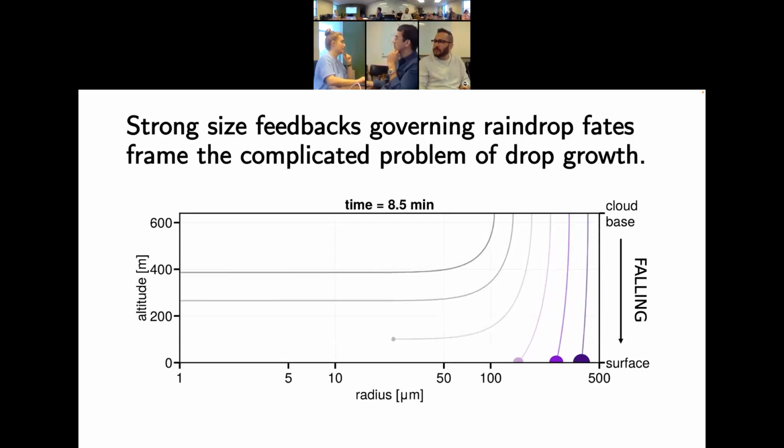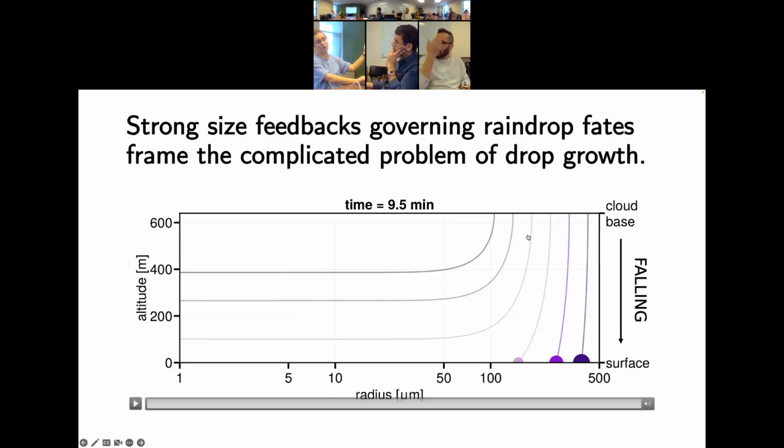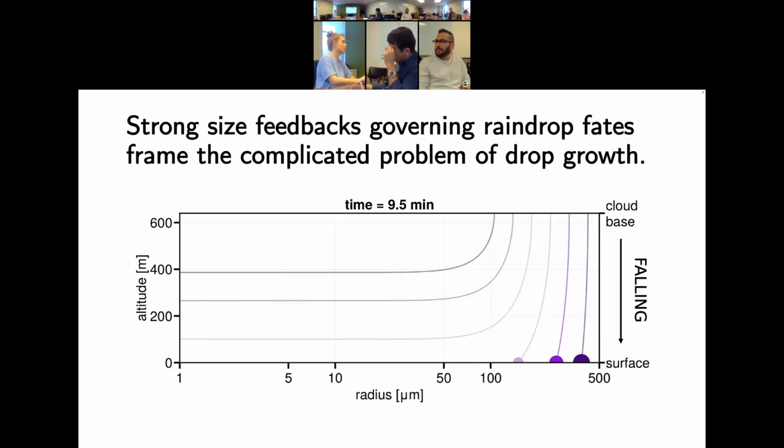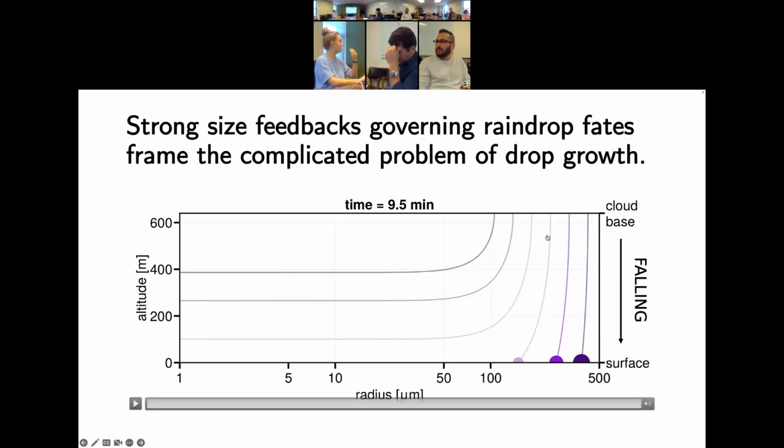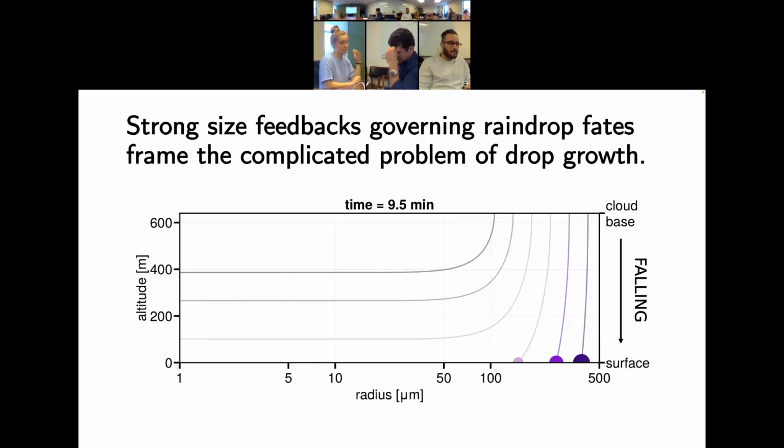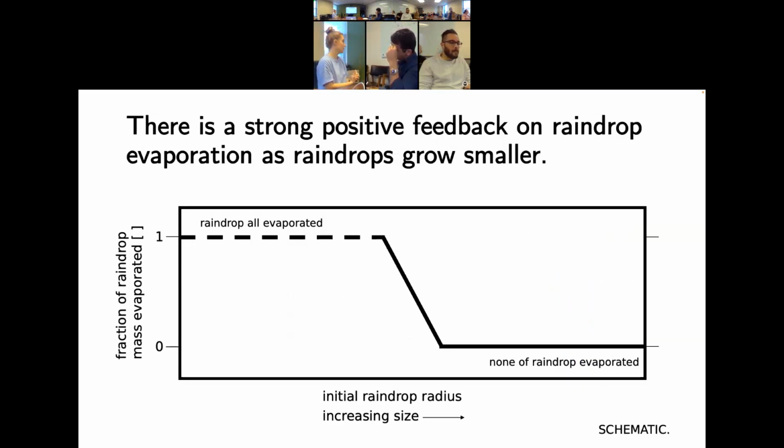And we can basically see there are really strong feedbacks of size and how these drops fall. The bigger drops basically make it to the surface at about the same size as they started, and the smaller drops completely evaporate. And this is from the combined dependencies of evaporation and falling velocity on drop size.